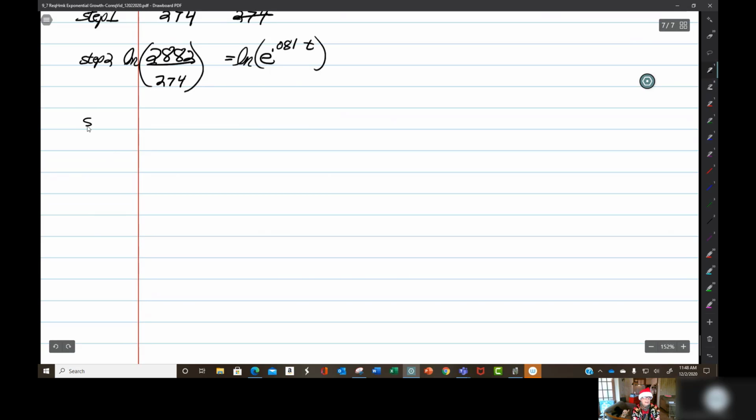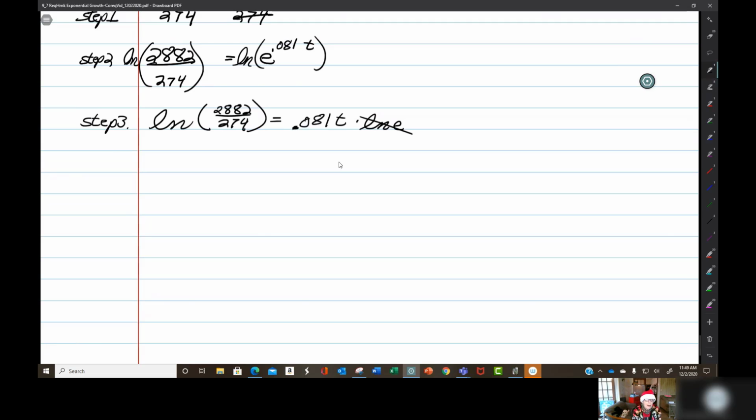Now, step 3. The ln of 2882 over 274 equals 0.081 t times the ln of e, and I'm not going to ask what it equals this time because you clearly know.